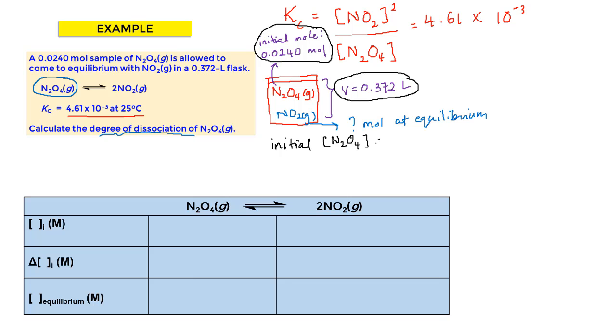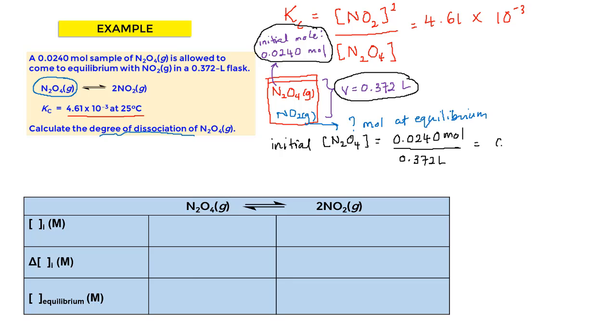Di mana the initial concentration of N2O4 adalah mole bahagi volume. Initial mole dia adalah 0.024 mole, right? Divide by 0.372 liter.